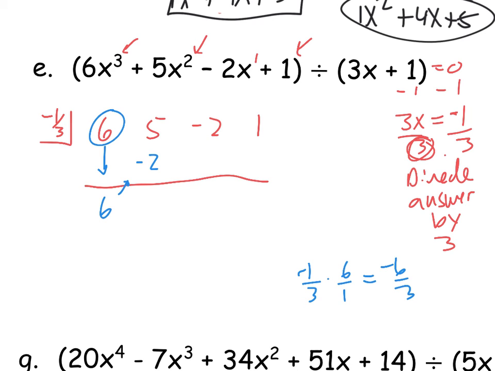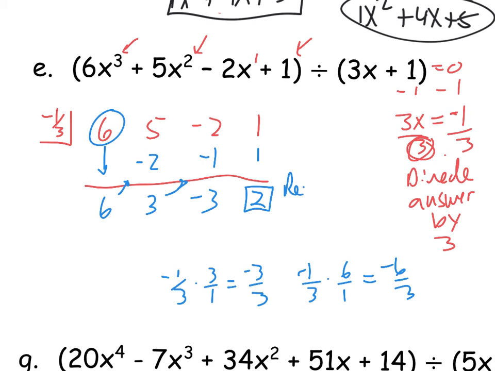When I add 5 and -2 up, I get 3. -1/3 times 3 over 1, that's -3 over 3, I get -1. Add those up, I get -3. -1/3 times -3 is +1. Okay, when I add these two up, I get 2.